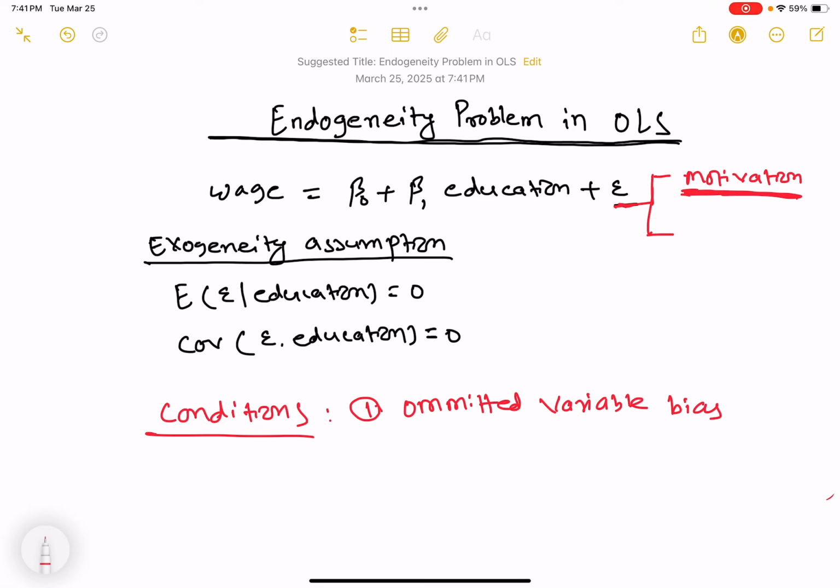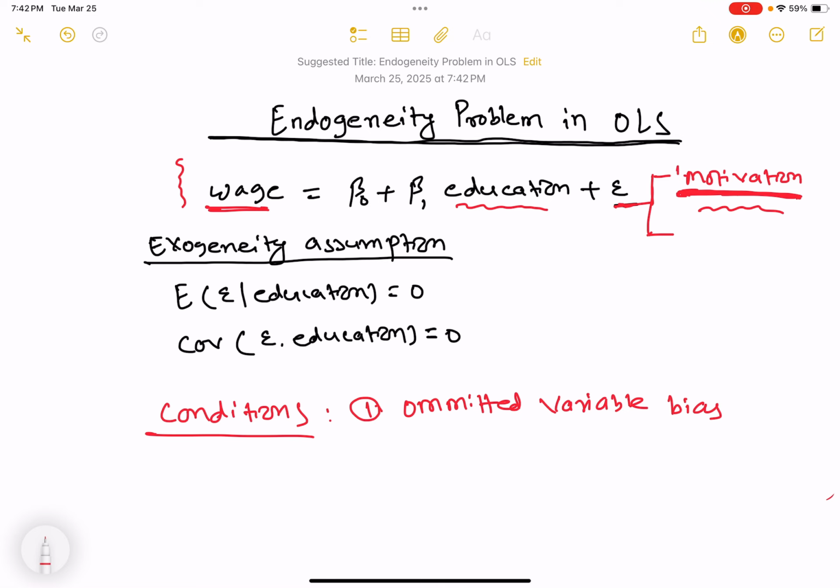But this story may not be true when we say those individuals who have higher motivation to study will join higher education so that they will earn higher wages. This latter story says that the impact on the wage, or the variation in the wage, is not only coming from education but also coming from motivation of the individuals.